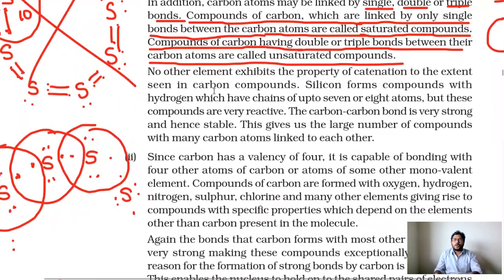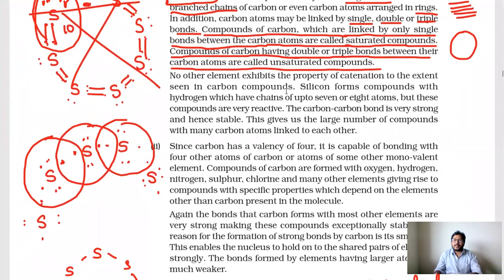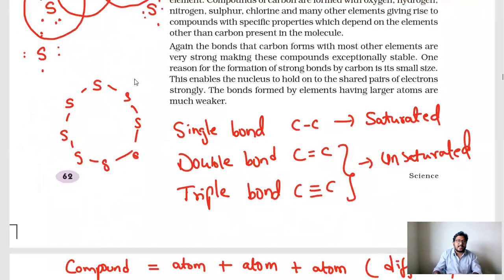Next, no other element exhibits the property of catenation. Catenation means bonding with similar atoms to form long chains. Here you can observe sulfur. This sulfur is bonding with identical sulfur. This sulfur is bonding with the same sulfur.